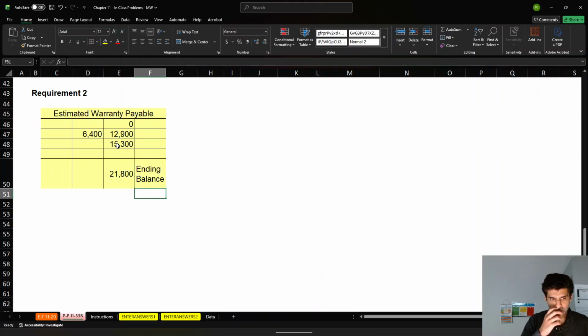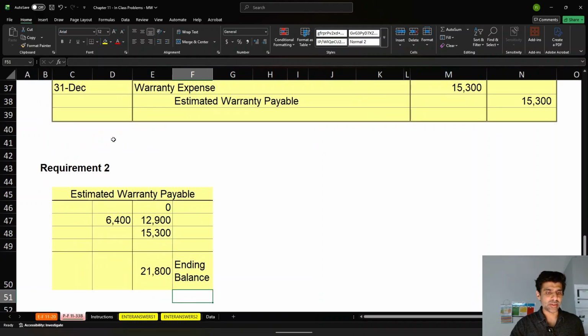So you can see here, were we overly aggressive or conservative in our estimation of warranty in the first half of the year at least? What do you think? Who votes that we were conservative in reserving for warranty?